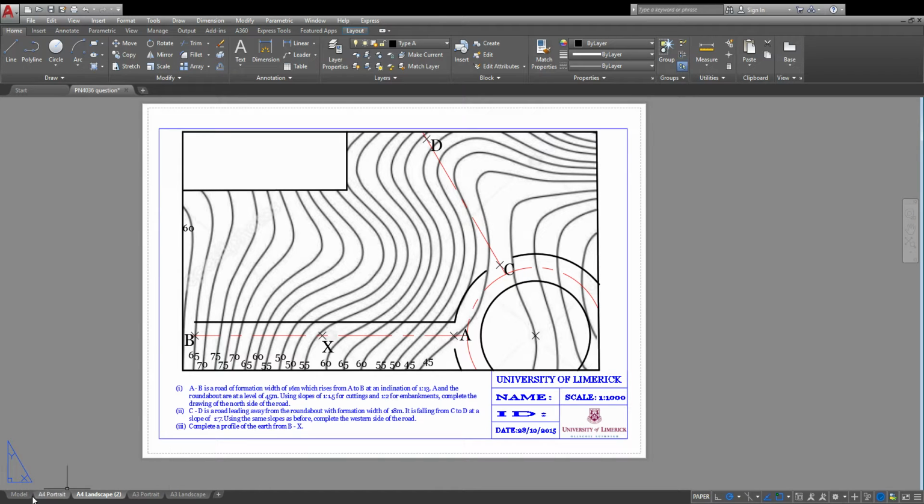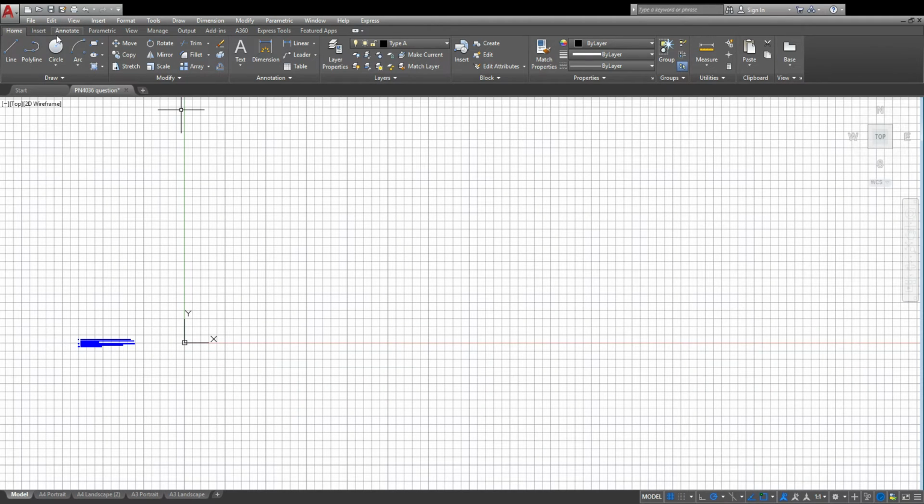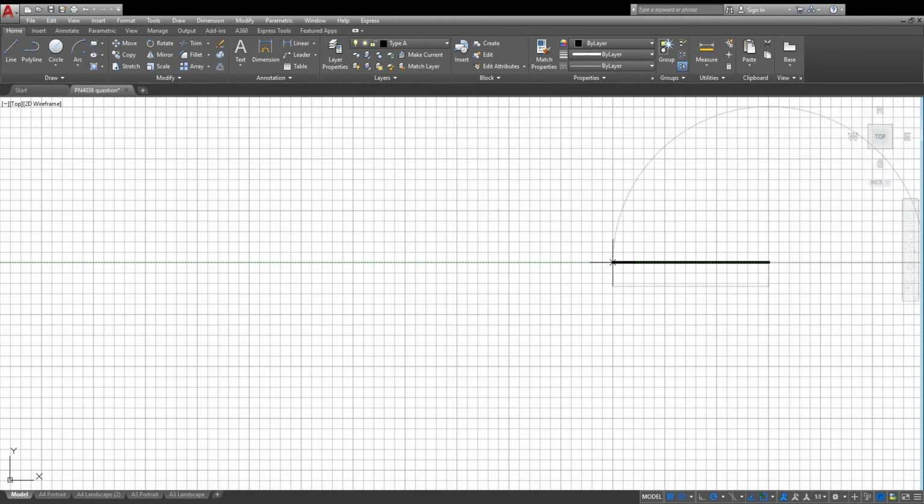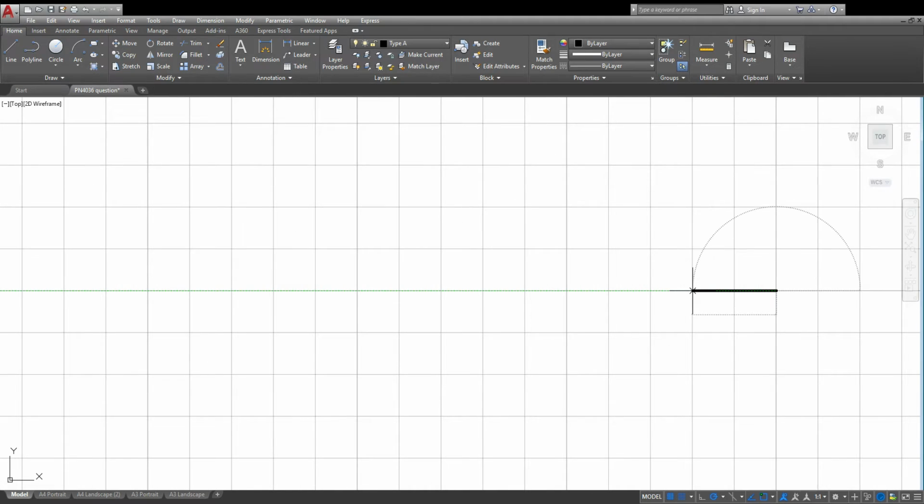So if we can imagine now, I go into my model space and turn on snap. I'll zoom in because it'll be easier to see. I'm going to go 13, enter, and then snap, and go up 1.